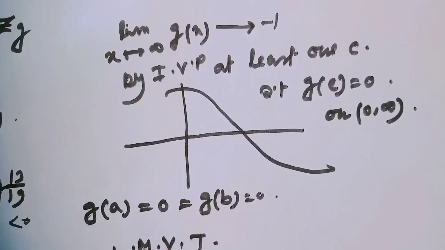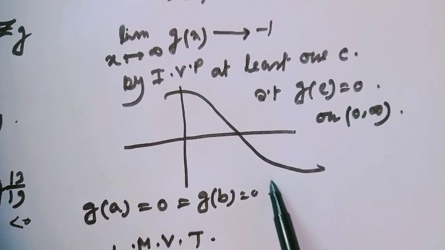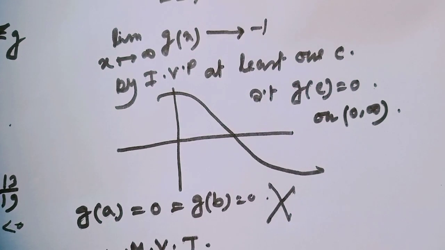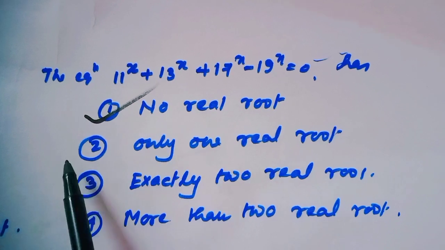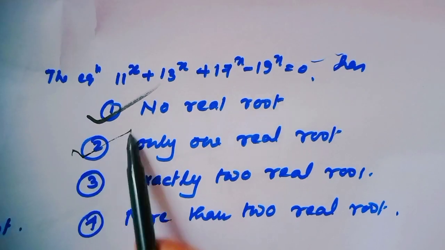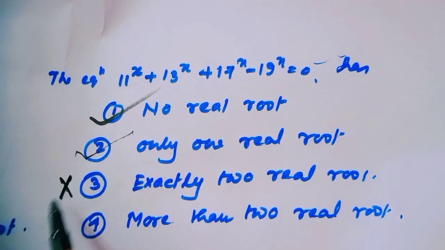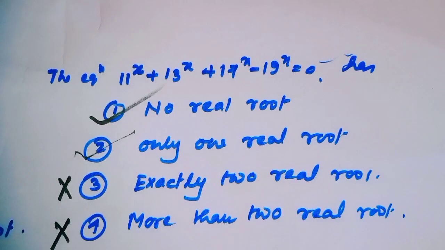That means our assumption that there exist two roots is a wrong assumption. That means there exists exactly one root. Therefore, option 2 is the right option. There exists only one real root, and option 3 and option 4 are wrong options.